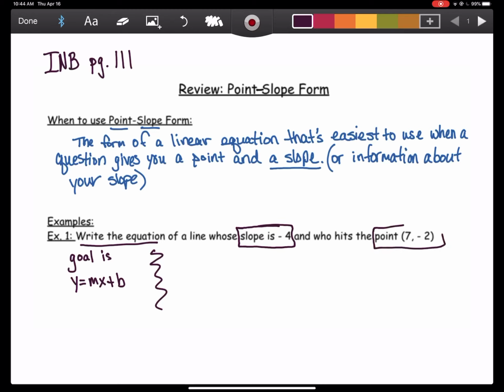As soon as I see the words slope and point, because I have written down point-slope form on an index card and memorized it over and over again, I picture the formula y - y1 = m(x - x1).